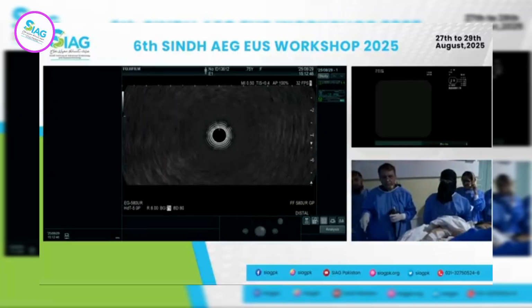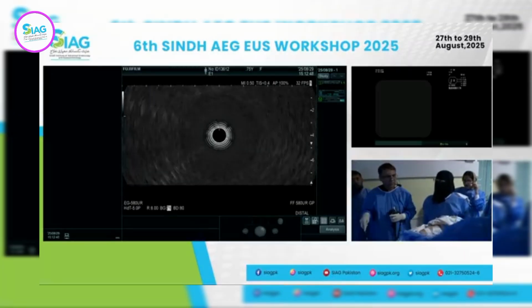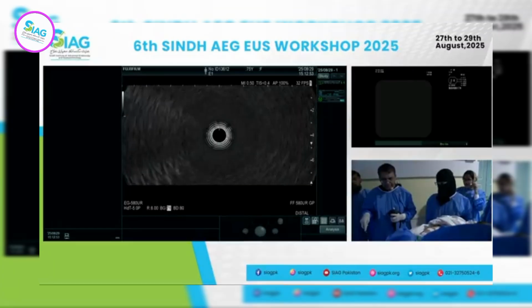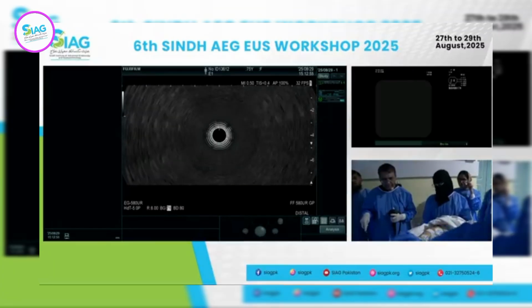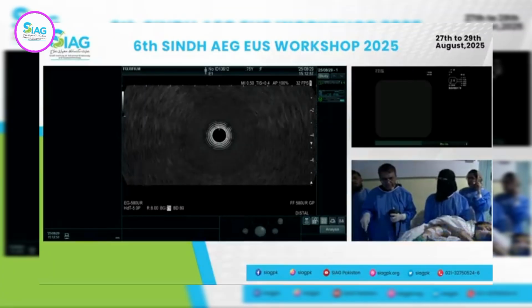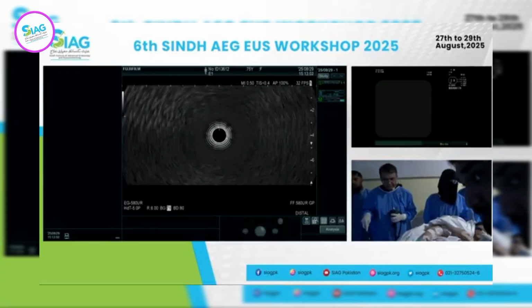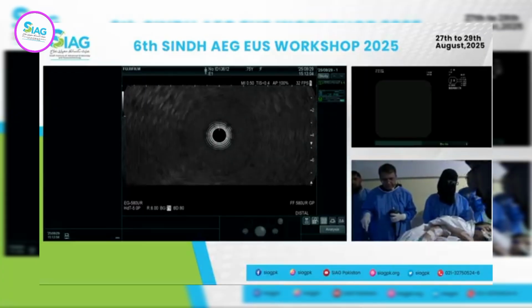Along with that, some lymph nodes are also enlarged along the left external iliac, with the largest lymph node measuring 15 into 10 mm. The patient's colonoscopy was suggestive of an ulcerated lesion that was starting 5 centimeter above the anal verge, extending up to 8 centimeter without any luminal narrowing.